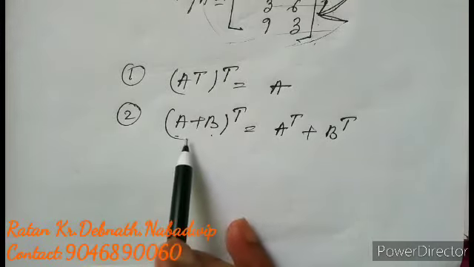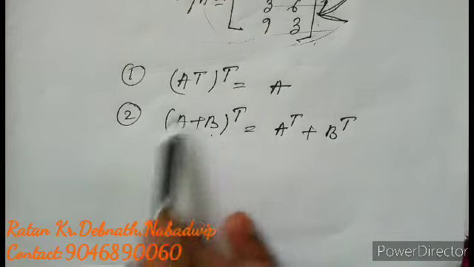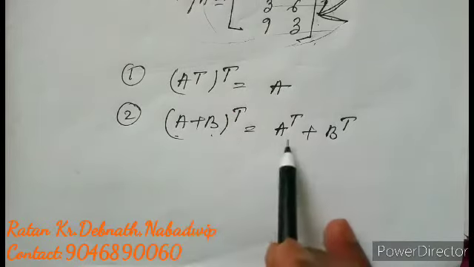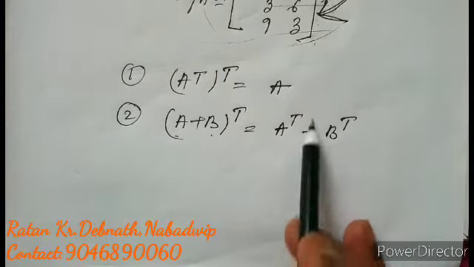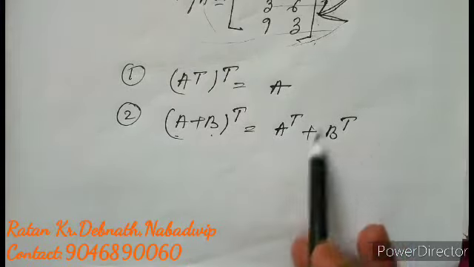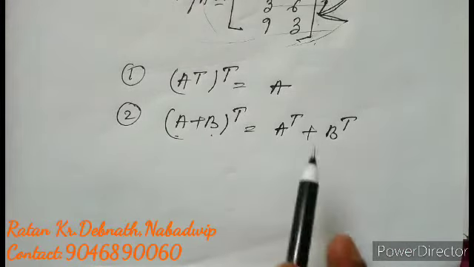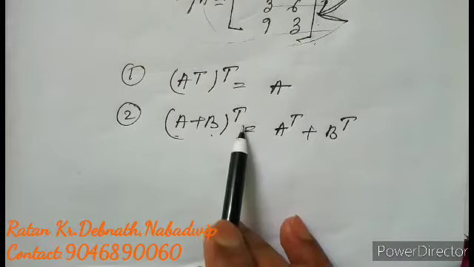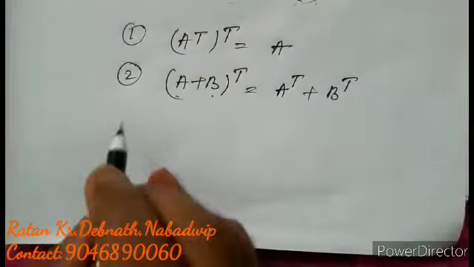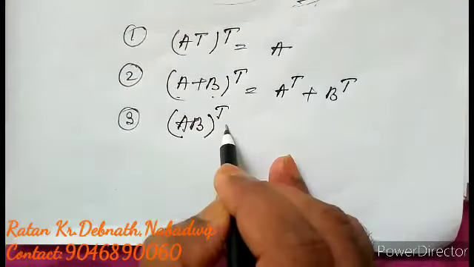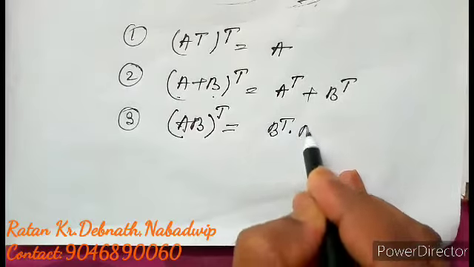If we add them and then transpose the matrix, it is equal to A transpose plus B transpose. Transpose matrix A first and then matrix B and then add them, which is equal to the transposition of the sum of two matrices. Another property: A into B whole transpose equals B transpose into A transpose.